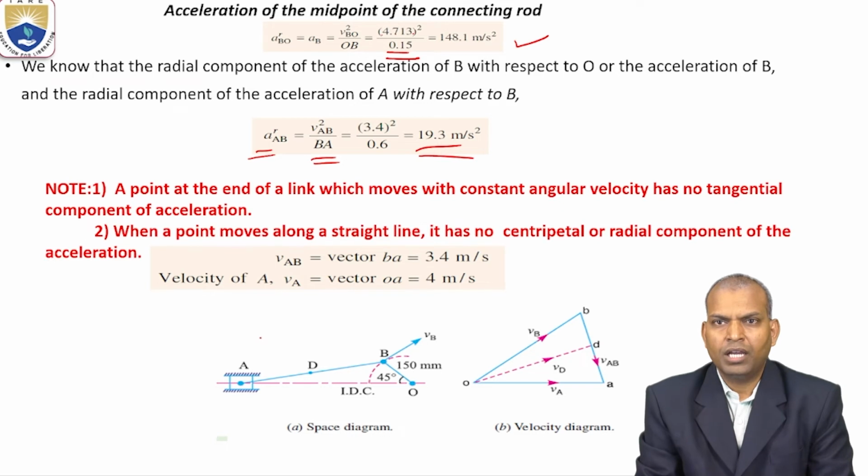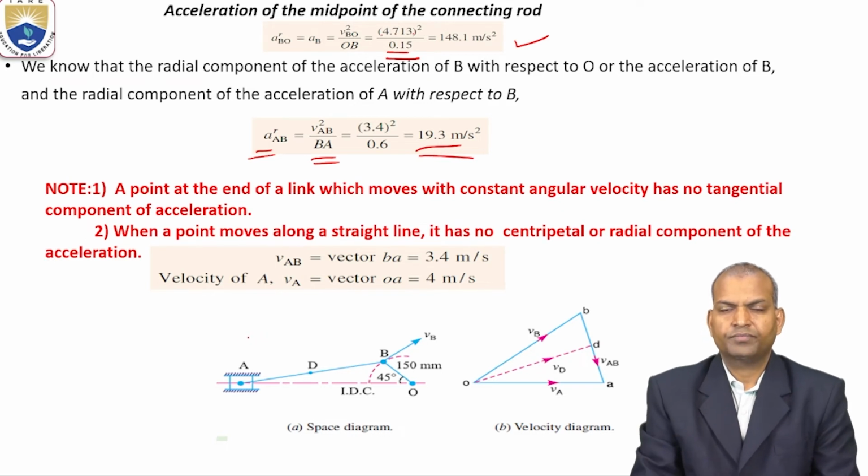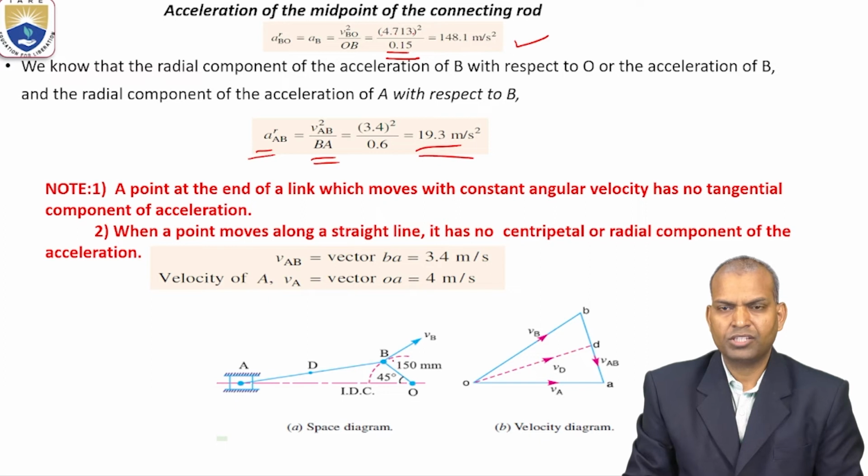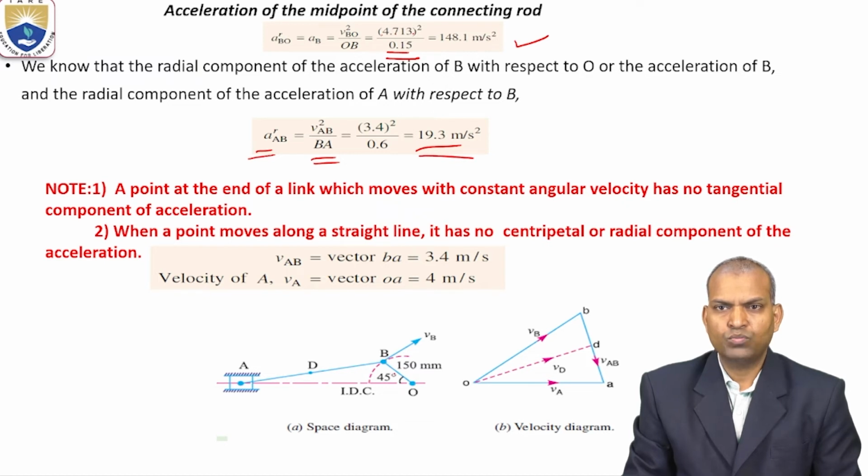Now very important: a point at the end of a link which moves with constant angular velocity has no component of tangential acceleration. Here the link OA is moving with constant angular velocity.